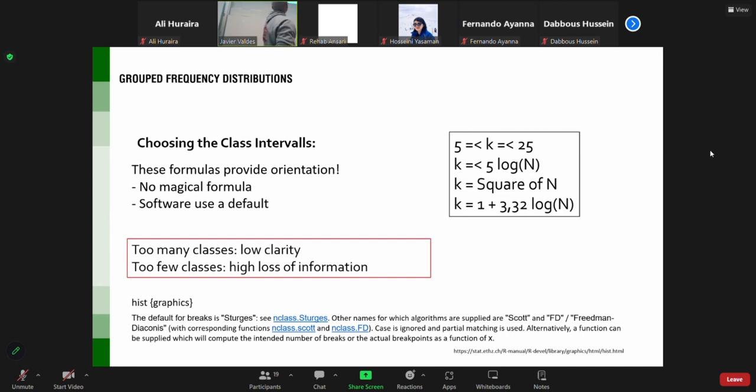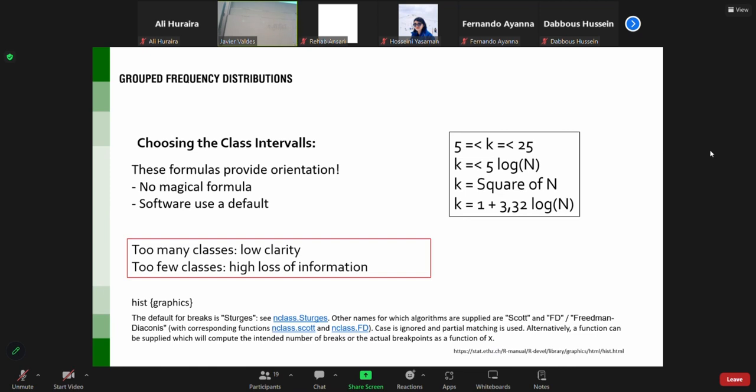This is the first time that I'm presenting you a real function from real software: the function for plotting a histogram. It works like this, and then you open parentheses and provide the vector or the matrix or whatever data structure you have that you want to plot as a histogram.